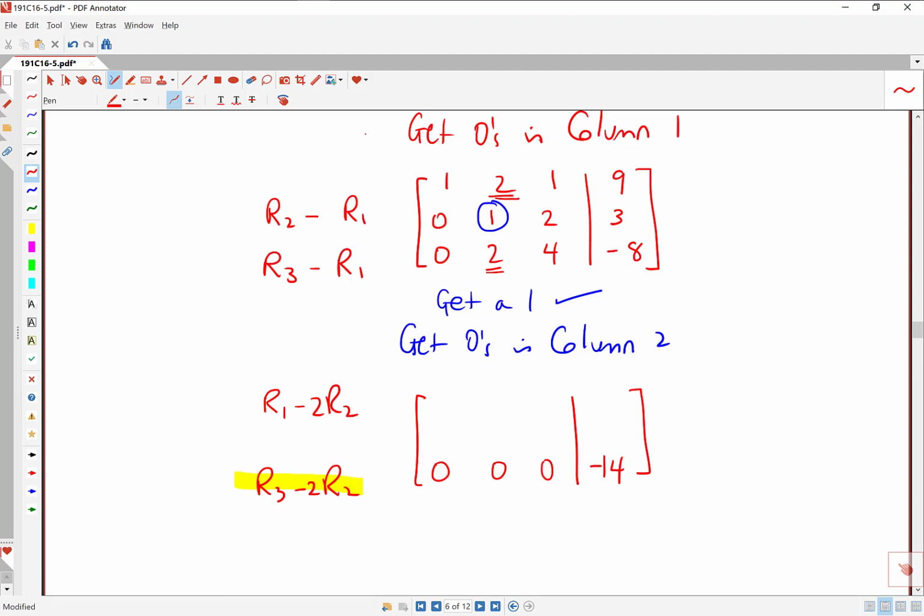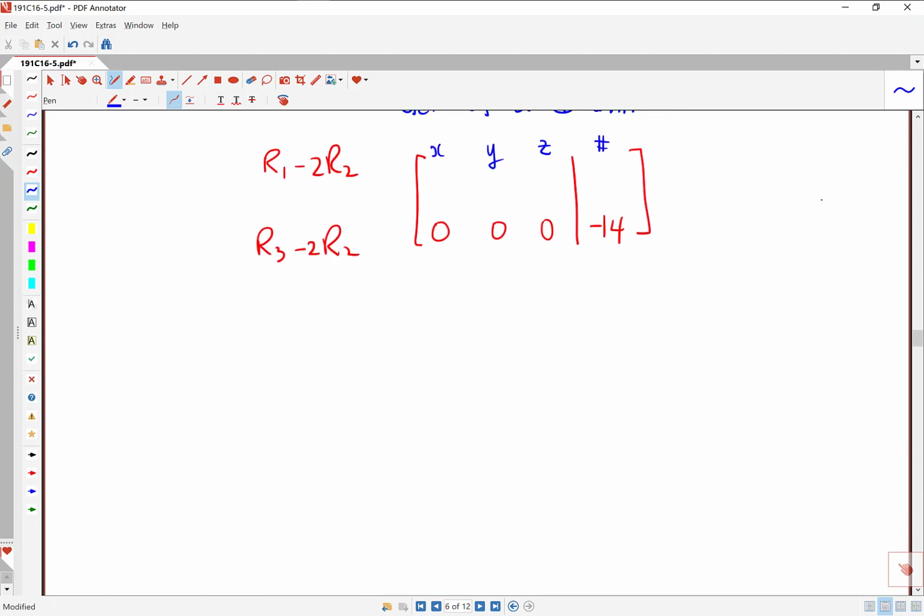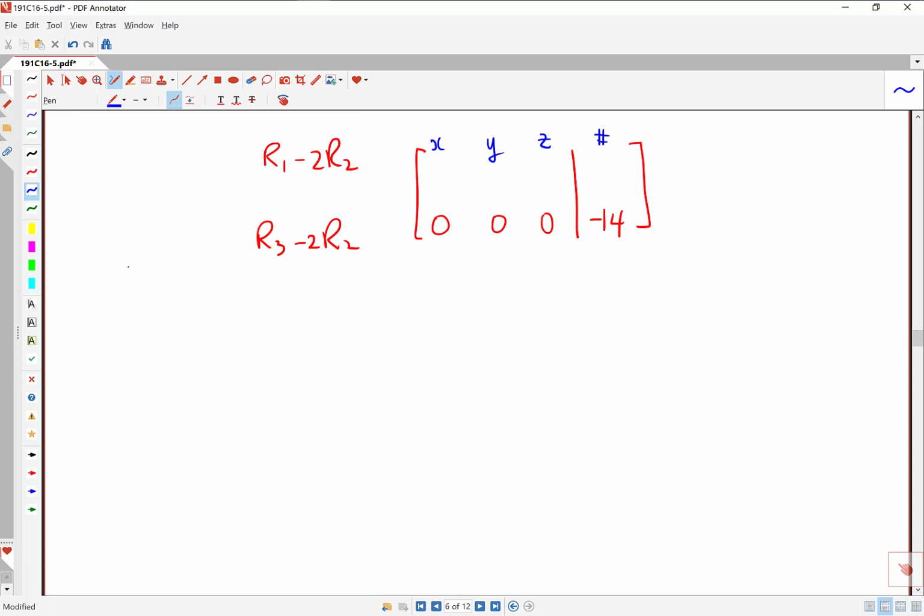All right, so let's think about what's happening in this bottom row of the matrix. Remember that what the columns of this matrix represent are the variables x, y, and z, and then over on the right side, we've got just some number. So if we focus in on the bottom row, what that is saying is 0x plus 0y plus 0z equals -14.